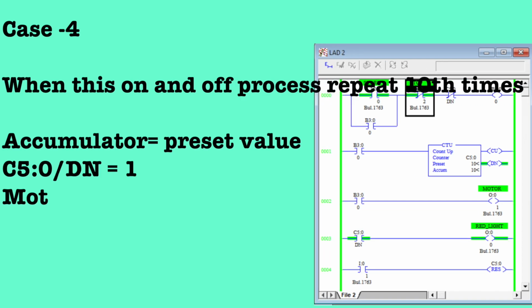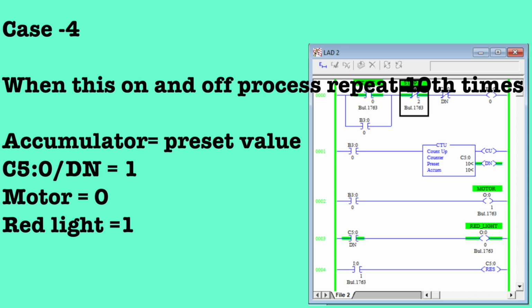In the next case, when this on and off process is repeated the 10th time, the accumulator value is equal to the preset value. That's why the C5:0 done bit is equal to 1 and the motor goes off, right? And the red light goes on because the red light is connected to the counter done bit. So you can see that when the accumulator is equal to the preset value, my counter done bit goes high and the output connected to the done bit also goes high, that is, the red light goes high.